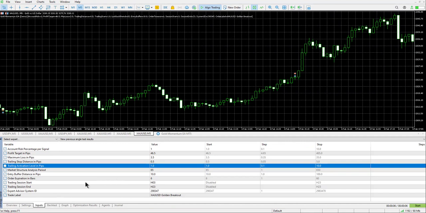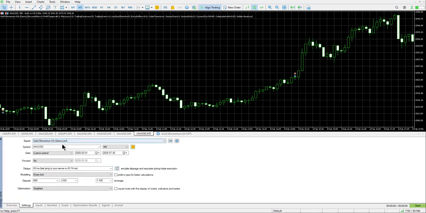Also, there is this demo version that you see here. I'm going to have this on the website. You go to our website, creativetradingsystems.com, which should be in the description, and go into the robots tab. Underneath there you should see a tab that says Gold Momentum EA. On that page, I'll have a button for the download of the demo version.